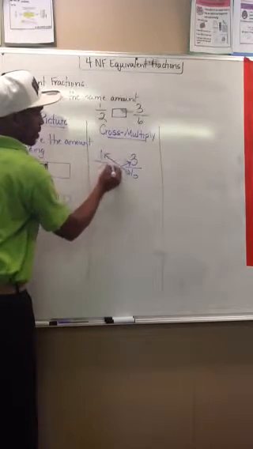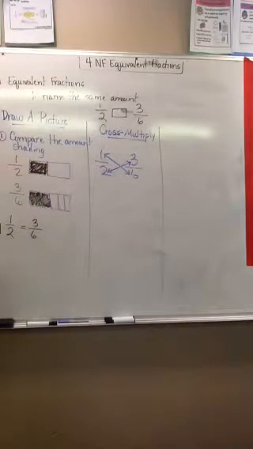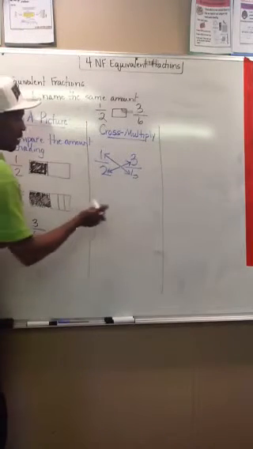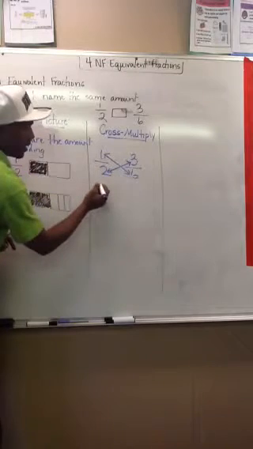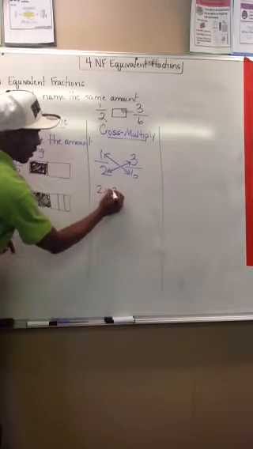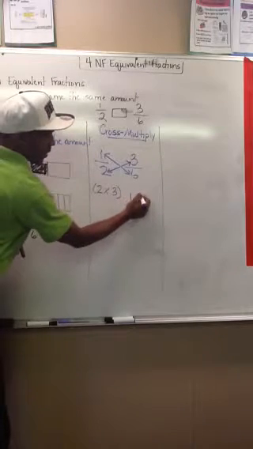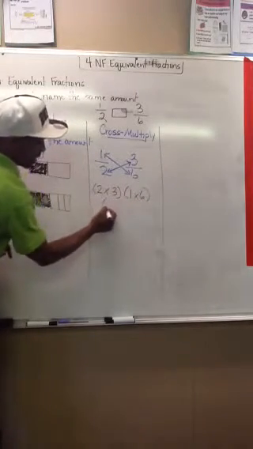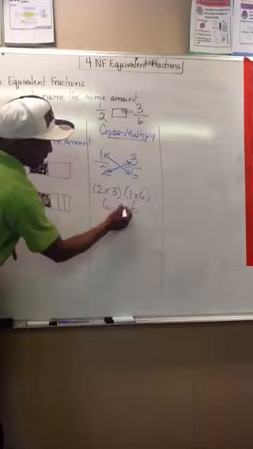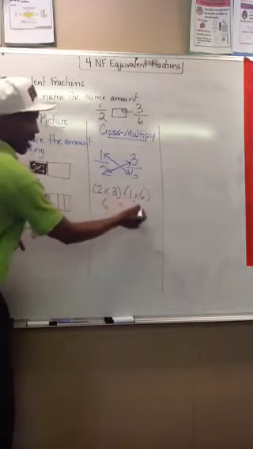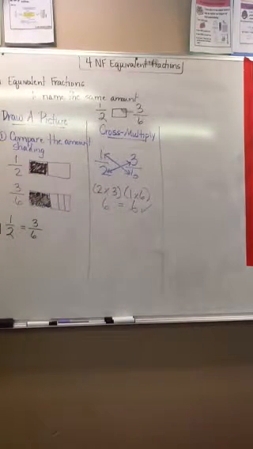When you think about cross multiply, think about the letter X. 2 times 3 and 1 times 6. 6 and 6. Does 6 equal 6? Yes, they are equivalent. If you have any questions, just refer back to this video.